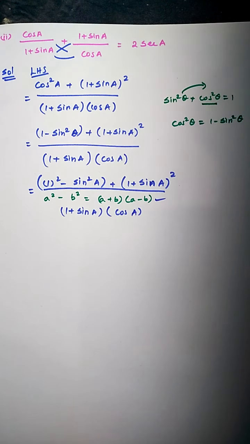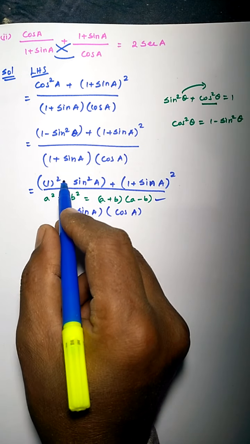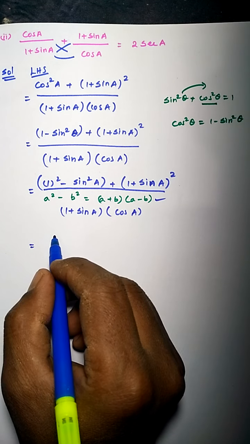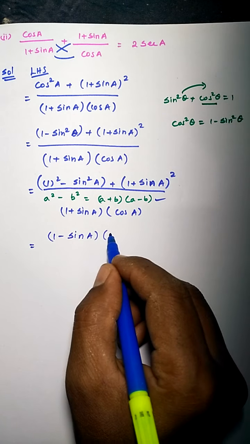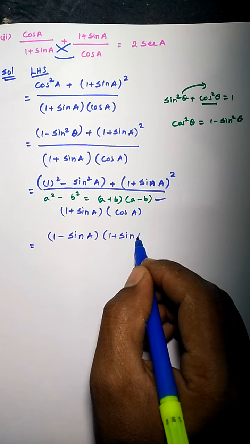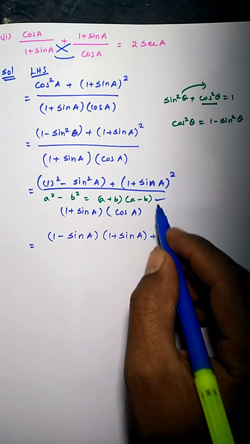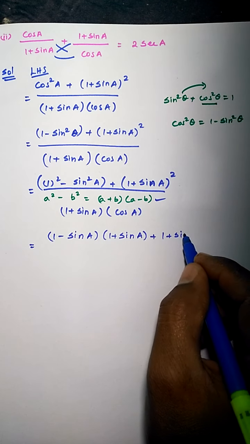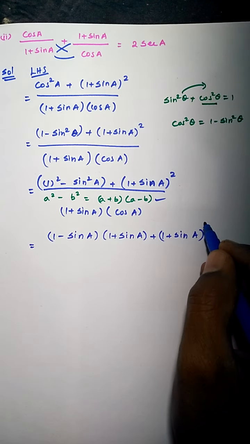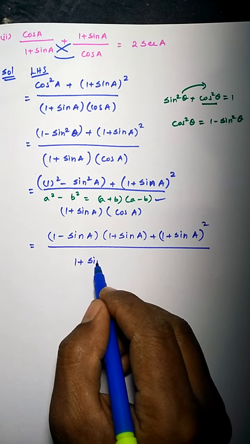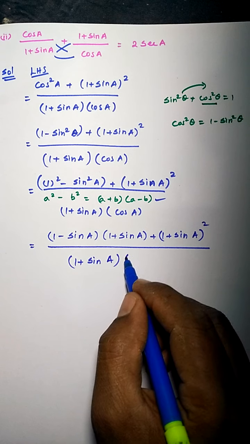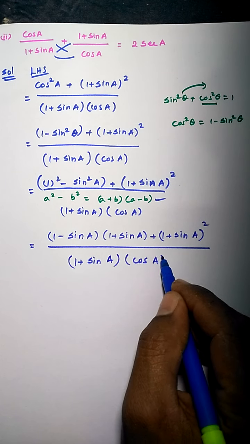When you apply this formula, you will get (1 minus sin a) into (1 plus sin a) plus (1 plus sin a) whole square, by the denominator (1 plus sin a) into cos a.